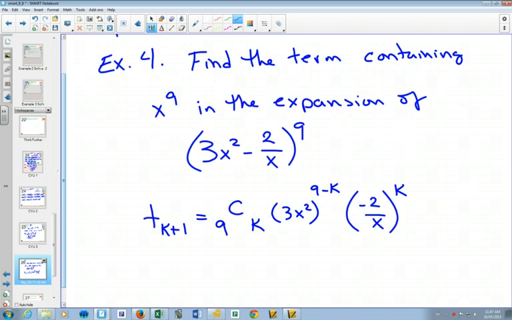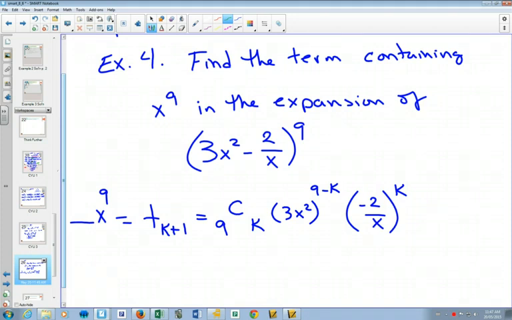What we do know is there's going to be some number, and once it's simplified, it's going to be an x to the 9. So for right now, all we know is the exponent of x, that it has to be an x to the 9. So we can sort of temporarily ignore everything that's going to affect the number in front, because we're going to find out what k is first.